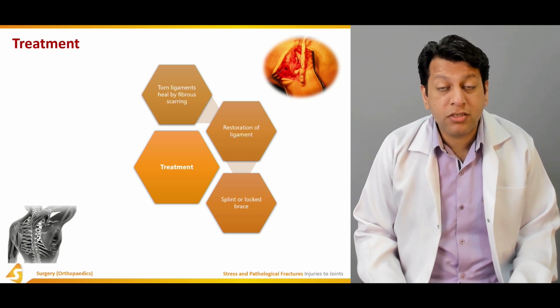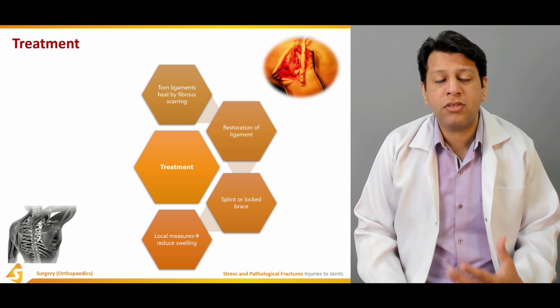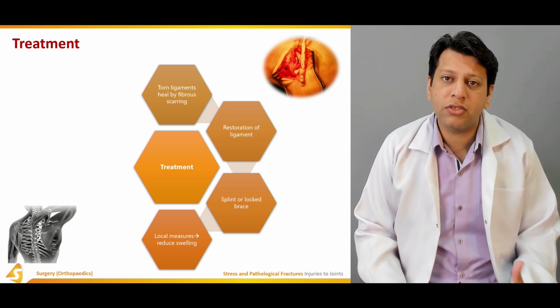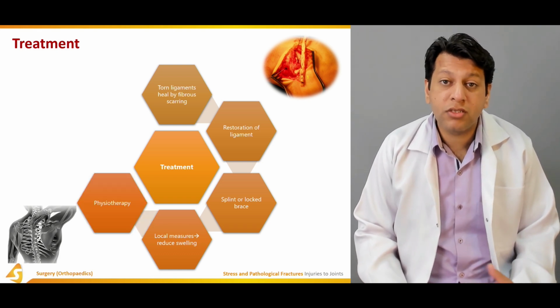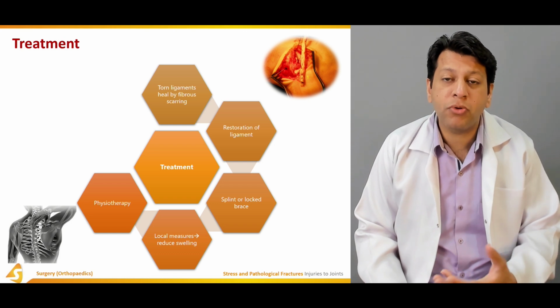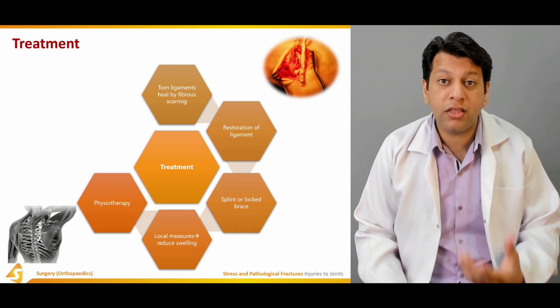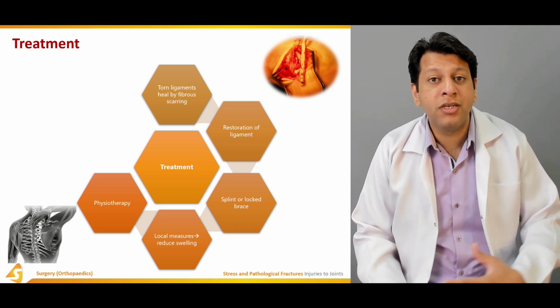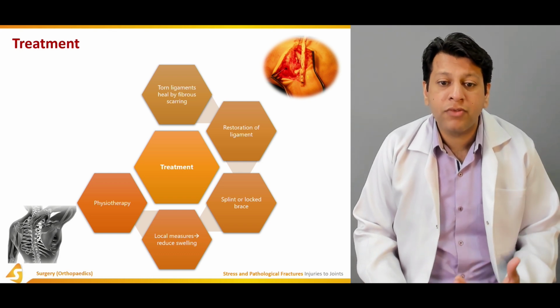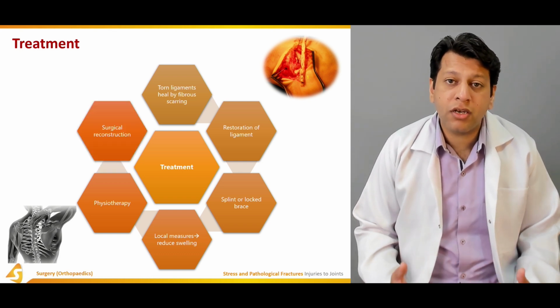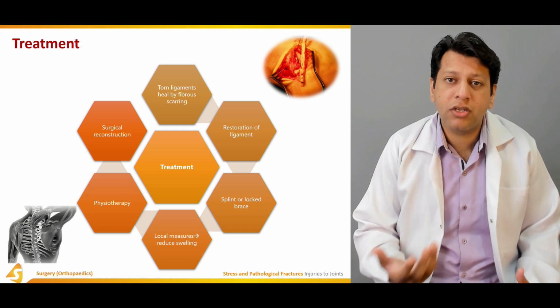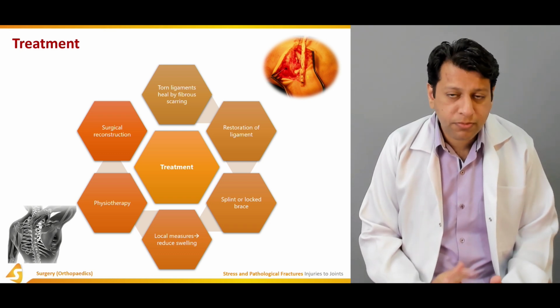So local measures are taken in the form of elevation and ice packing, so that the swelling is reduced. Once the swelling is reduced, physiotherapy is started initially, because the tendons can function normally, and those ligaments which had partial tears would have completely healed by that time. Then we can deal with those ligaments which are completely ruptured. A classical example is the tendo Achilles rupture.